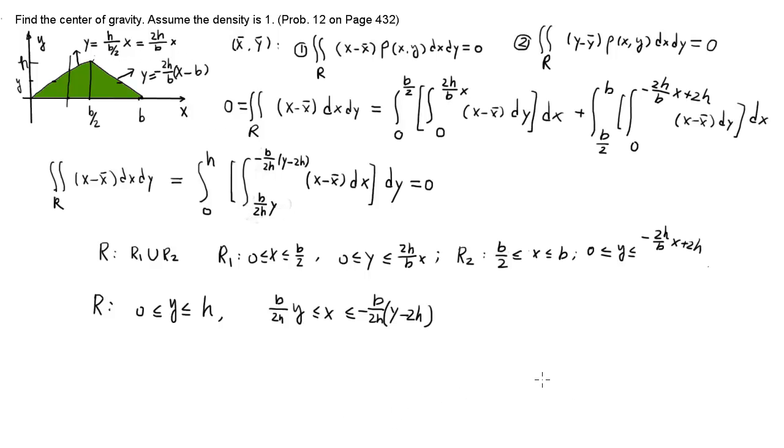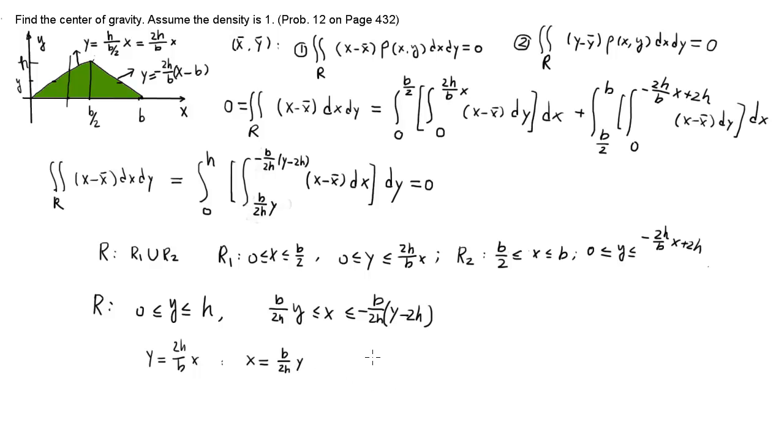So let's write it down over here. This is the one we have. If y is equal to 2h over b x, this is the same equation. We can reverse it, and then x is equal to b over 2h y. That's the one.